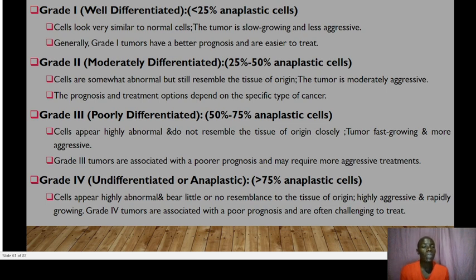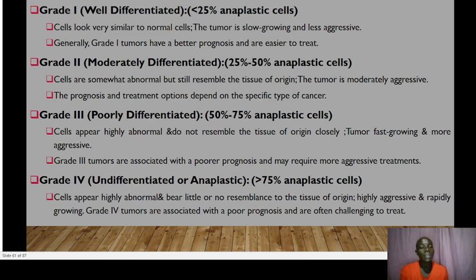Grade 1, we have well differentiated cells where less than 25% are anaplastic cells. So here you find cells look very similar to the normal ones. The tumor is slow growing and less aggressive, and generally grade 1 tumors have a better prognosis and are easier to treat.